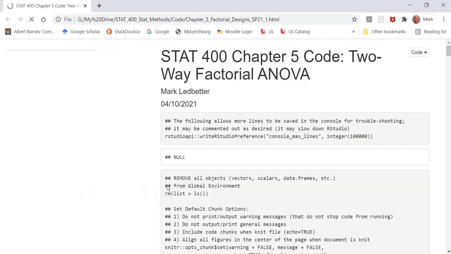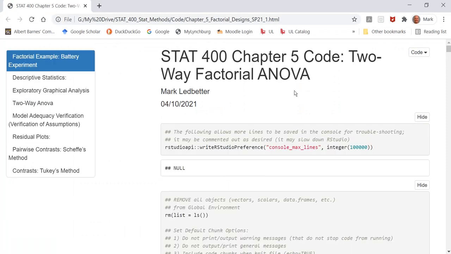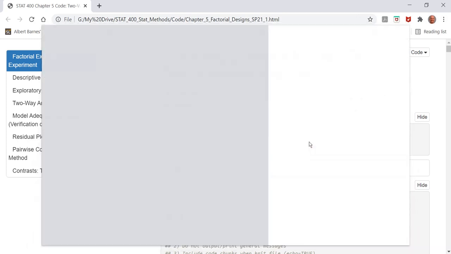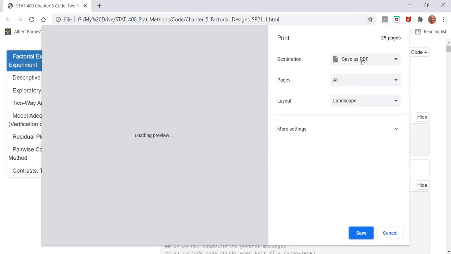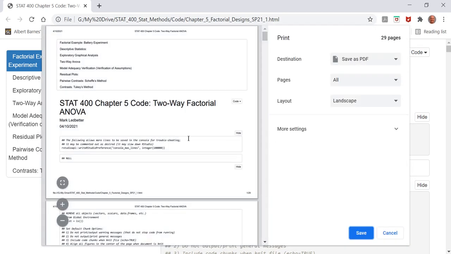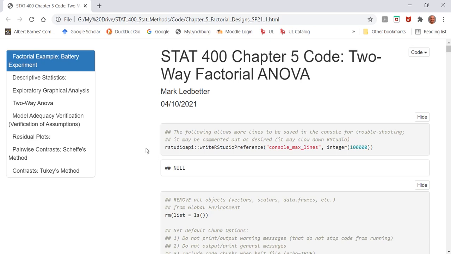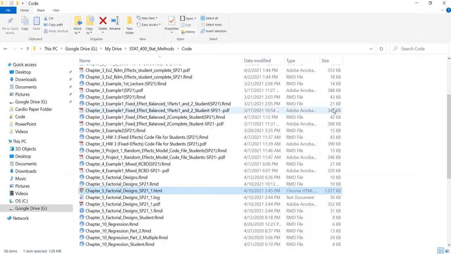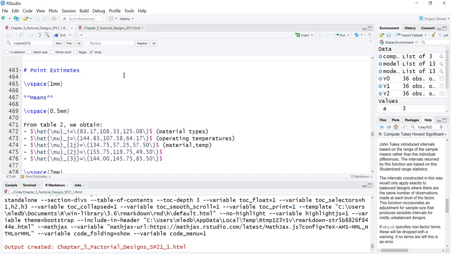Here it is, today's date. And so I could print, choose save as PDF. It's loading the preview, and print it that way to PDF. So that's one way that you could do this and not get points taken off for it not being a PDF file.